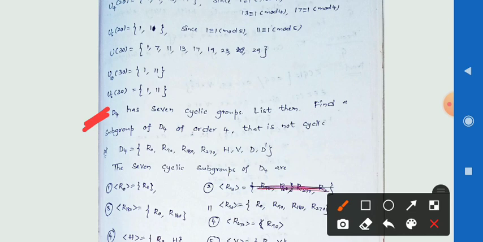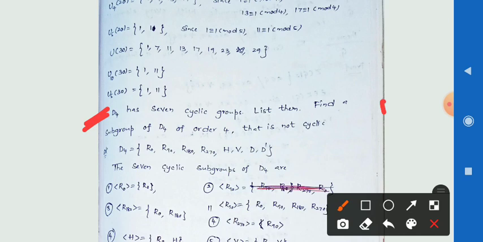The 8 elements are R0, rotation 0, rotation 90, rotation 180, rotation 270, and horizontal reflection, vertical reflection, diagonal reflection, and D' is the other diagonal reflection. In this only 7 cyclic groups are there and we list them out.